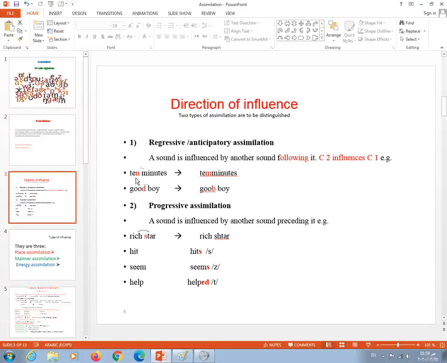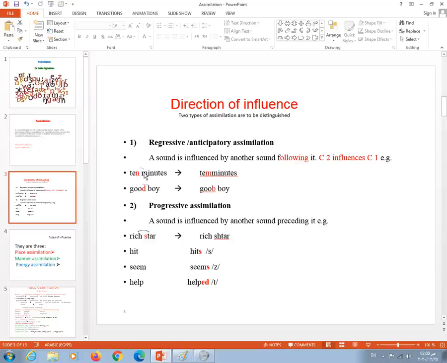Look at this example, ten minutes. Here we have two consonants. Consonant 1 is n, consonant 2 is m. Both are nasals and they have to assimilate because n is an alveolar consonant and m is a bilabial consonant.